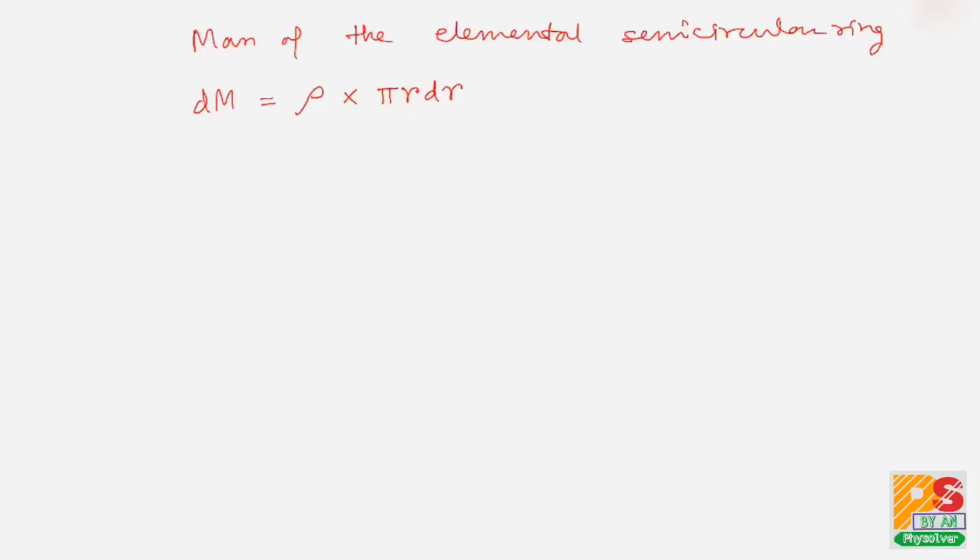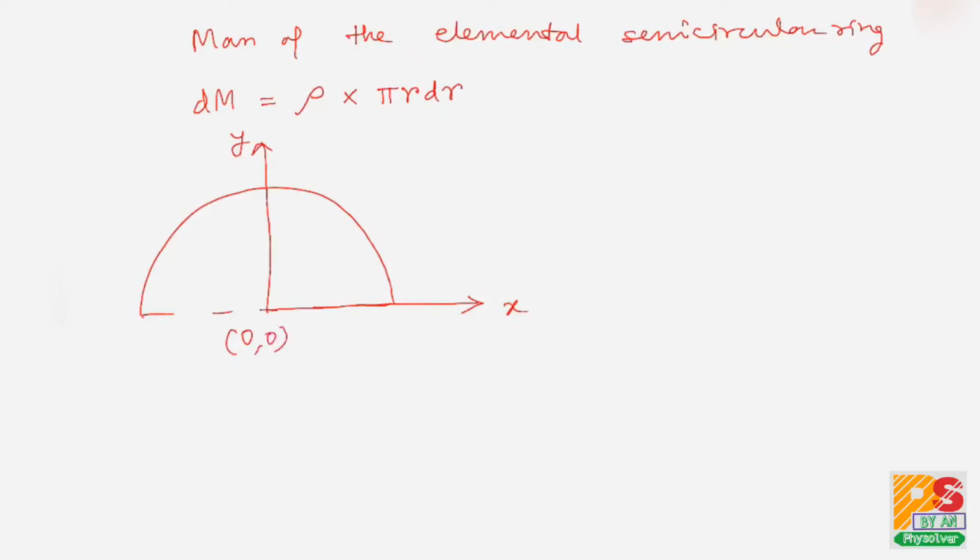Now suppose this is the disc, this is x-axis, this is y-axis, origin 0, 0.